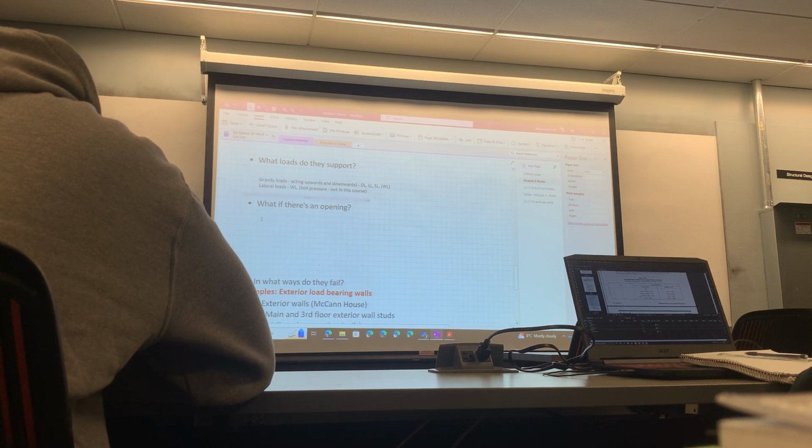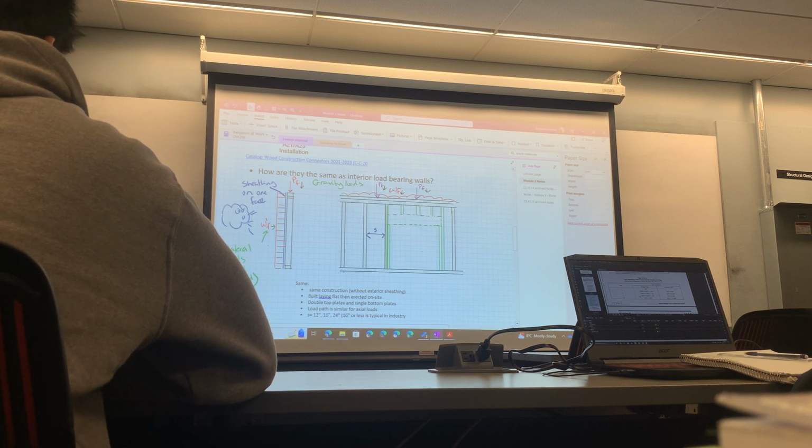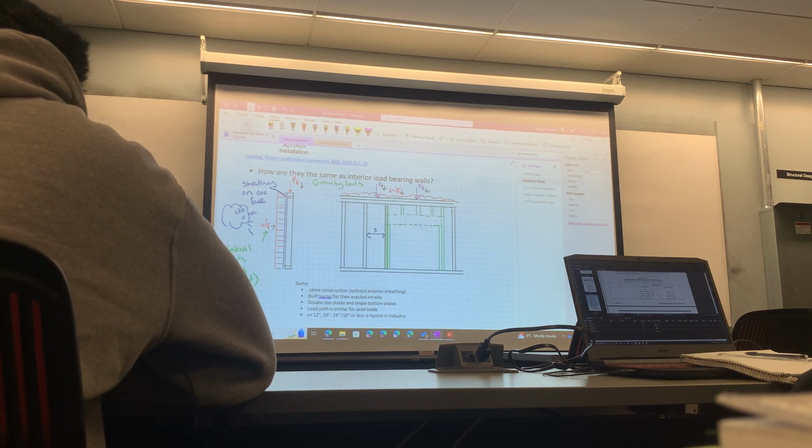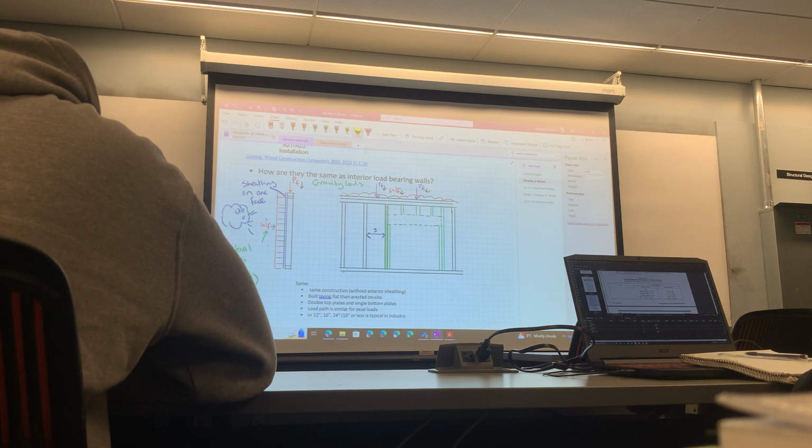What if there's an opening? We kind of talked about this. If there's an opening, that means we're going to have sheathing that looks like this.